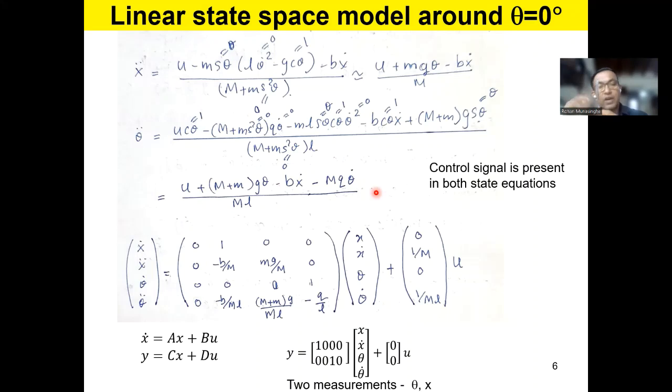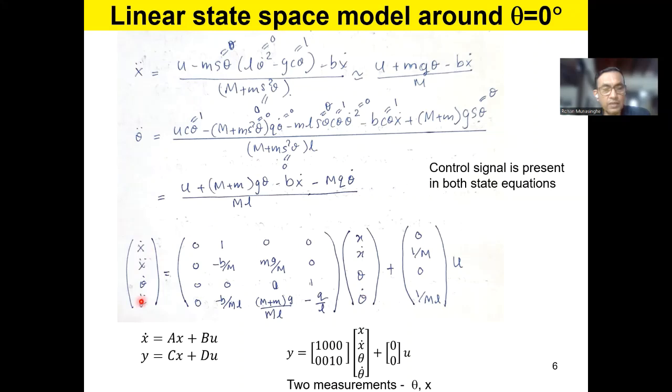So you simplify the two equations and then you can find theta, x dot, theta dot, and on the left hand side, x double dot, theta double dot. So you can separate the state variables very easily as x, x dot, theta, theta dot. These are the state variables.